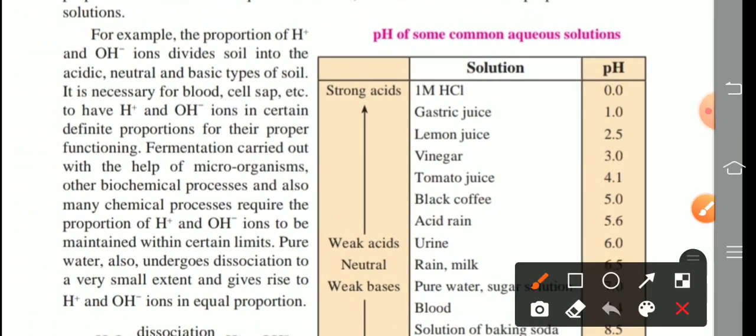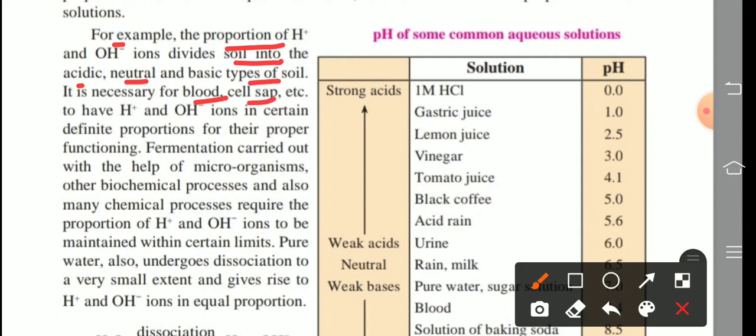For example, the proportion of H plus and OH minus ions divides soil into acidic, neutral and basic types.